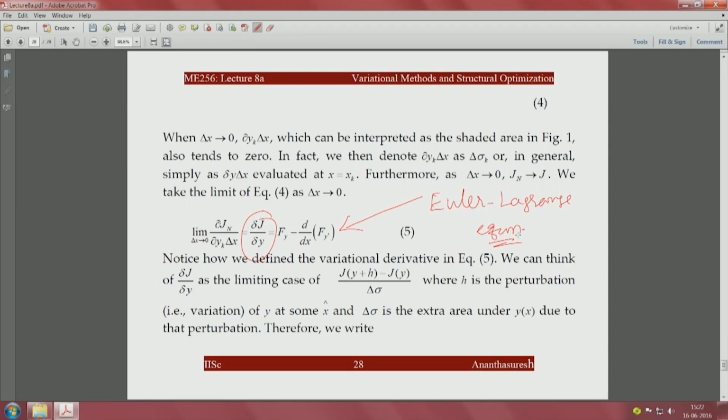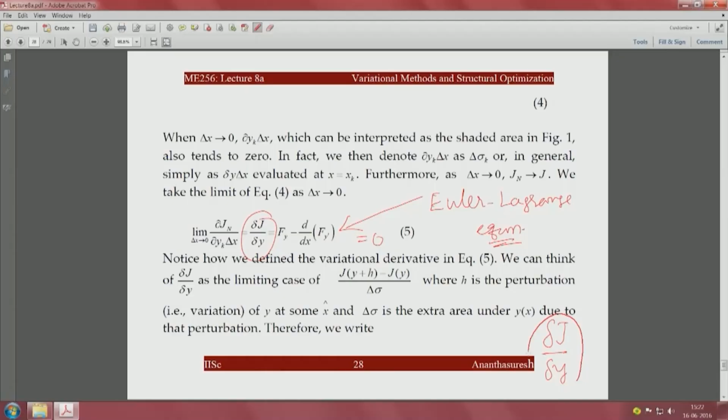When I say equation, I say that something should be equal to 0, we say this is equal to the necessary condition. But this quantity that we write, this delta j by delta y, see today we discussed delta j which is Gateaux variation, dj which is Frechet differential.